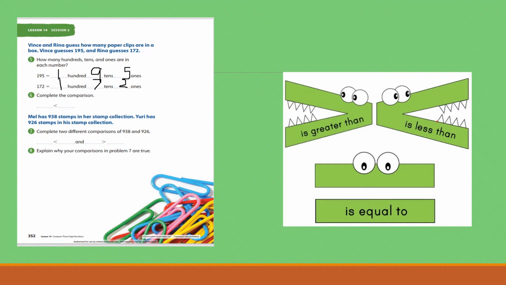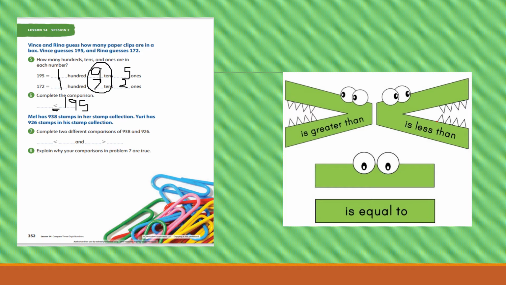So now it says complete the comparison. Look at where your arrow is pointing. We want the larger number open to the arrow. So 195 is greater. And I know that because 9 tens is greater than 7 tens.